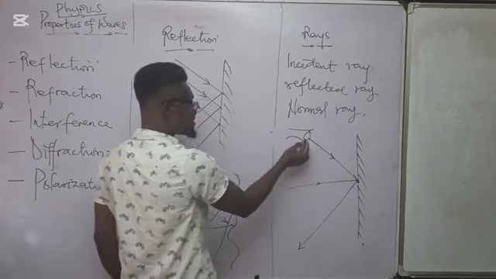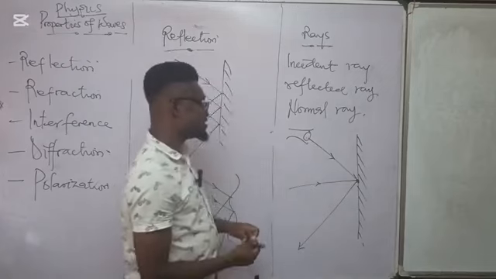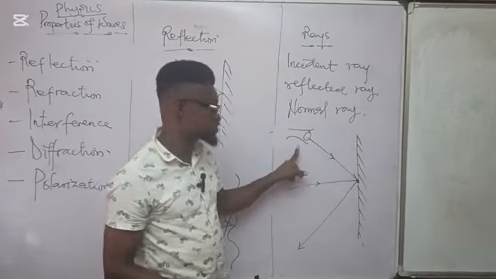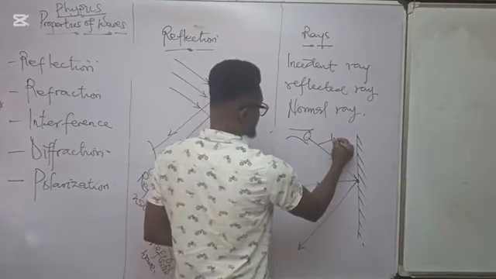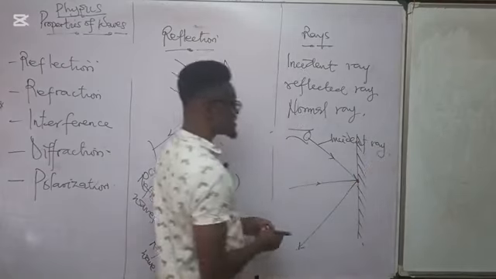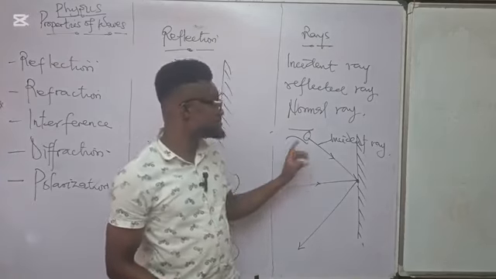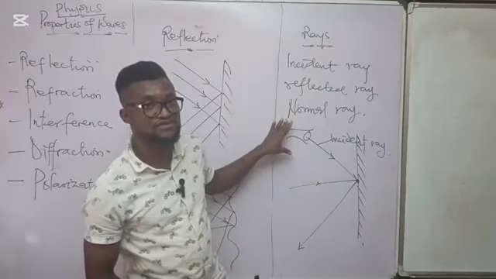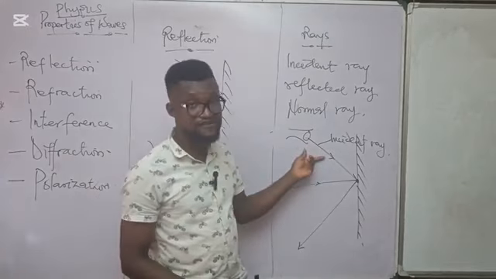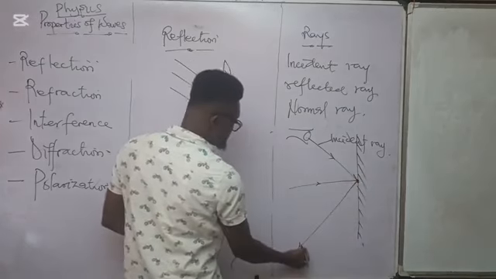Now look at the ray that moves from the source, or that is being produced by the source, is said to be the incident ray. So the incident ray is the original ray that emanates from the source. Now, the moment it hits the surface, it bounces back.